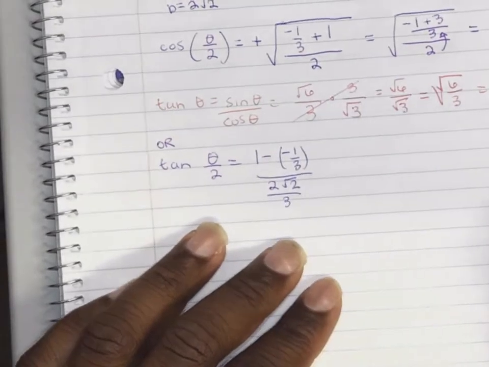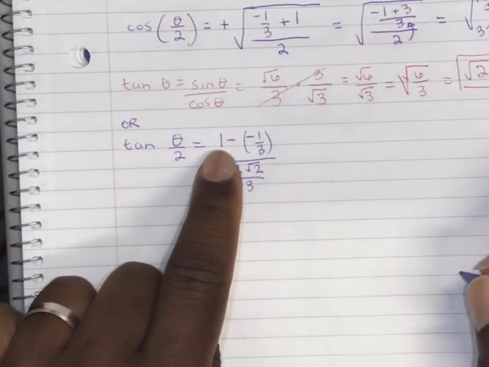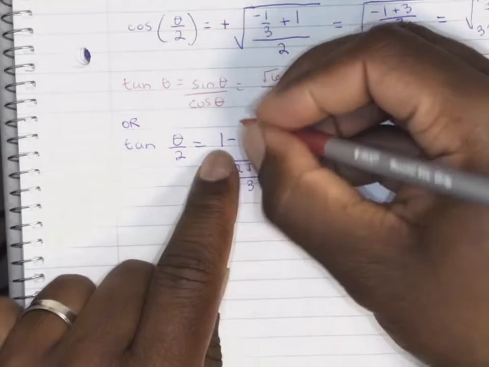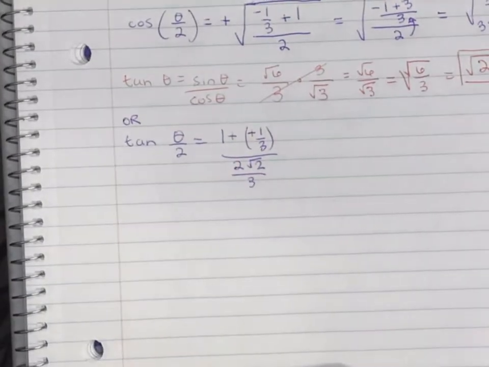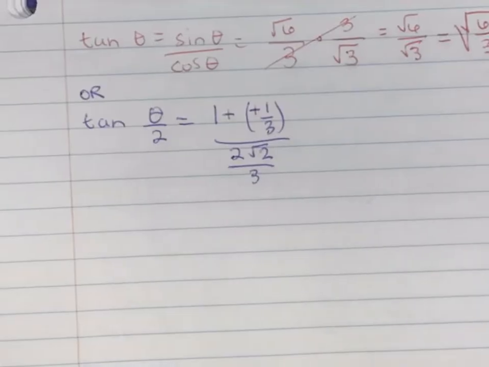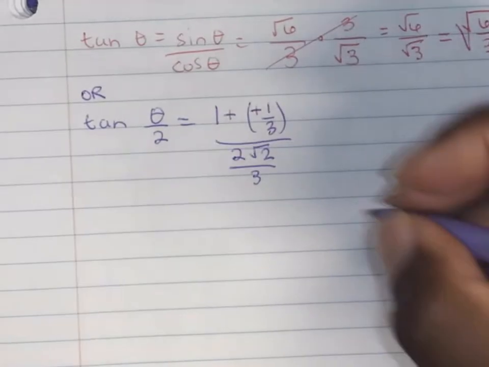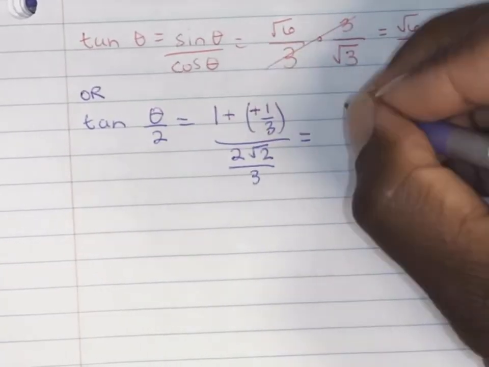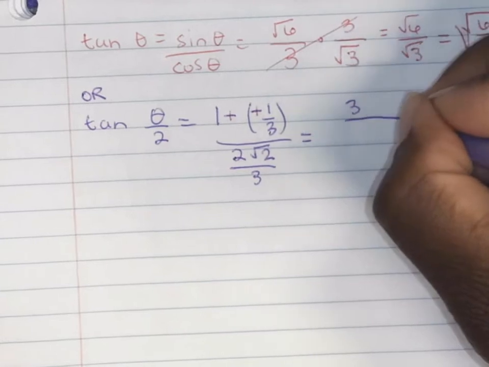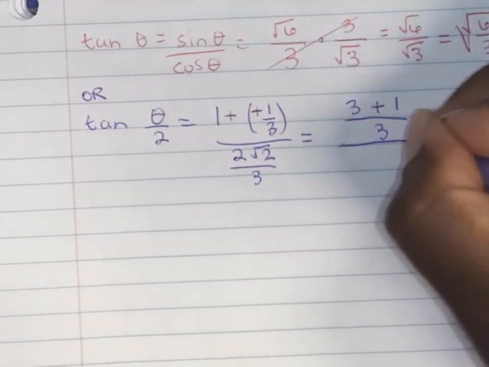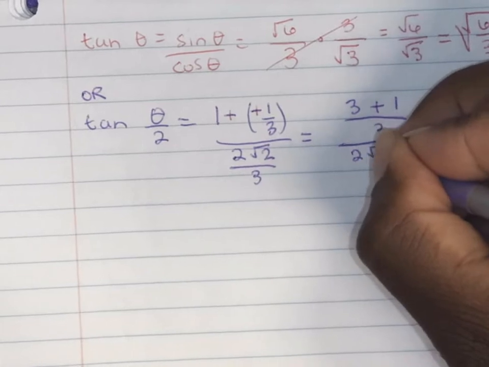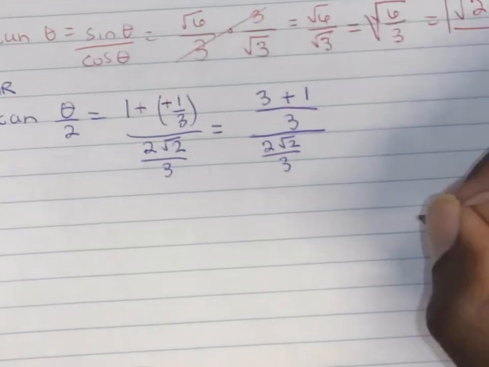It's like all the other ones, I need a common denominator here. Since I'm subtracting a negative number, it'll become positive. And then I'll rewrite 1 to be 3 over 3. So that will give me 3 over 3 plus 1 over 3, all divided by 2 root 2 over 3. 3 plus 1 is 4.